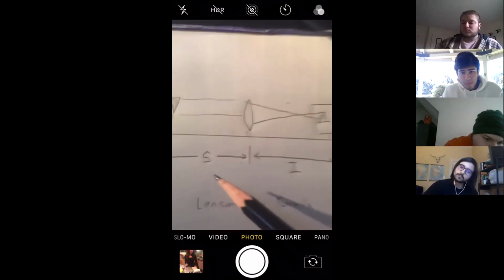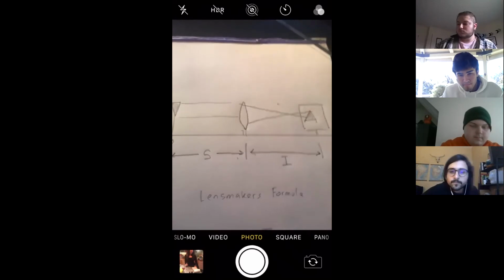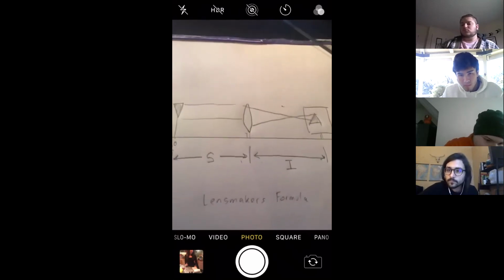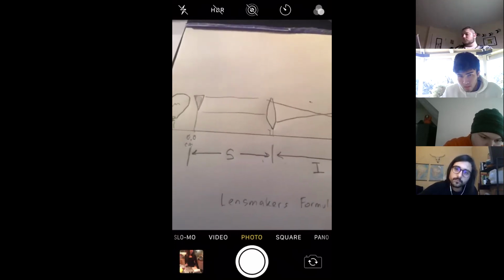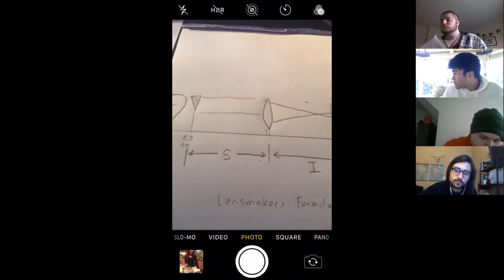Okay. So a couple of things about S and I. S and I are what we call intervals. Do you guys know what I mean by an interval versus a coordinate? Who could explain what I mean by an interval?